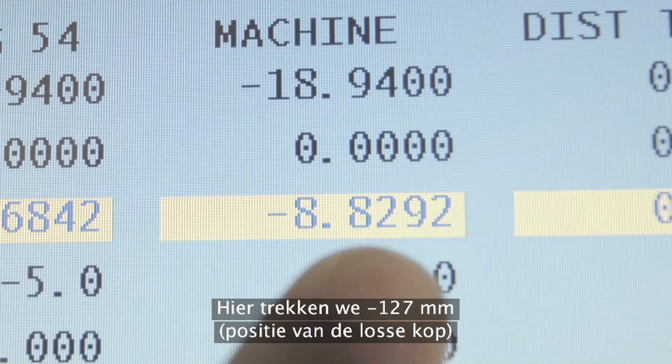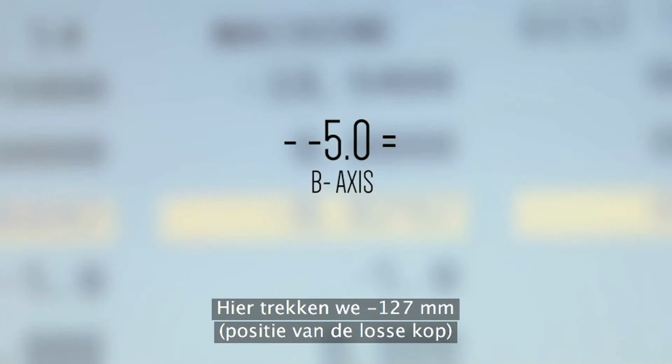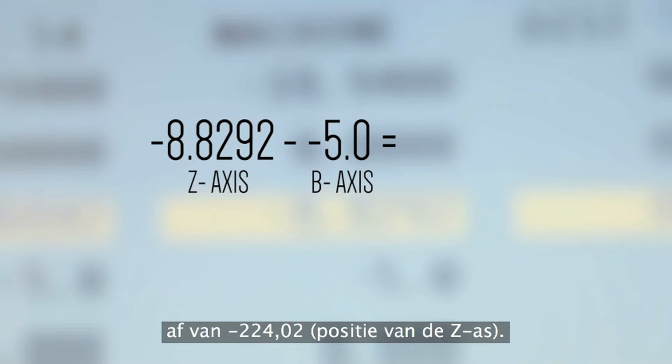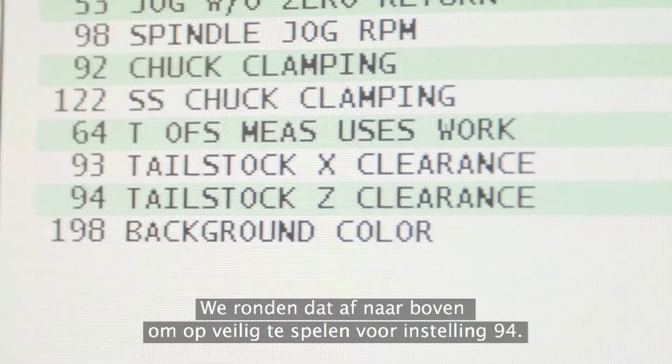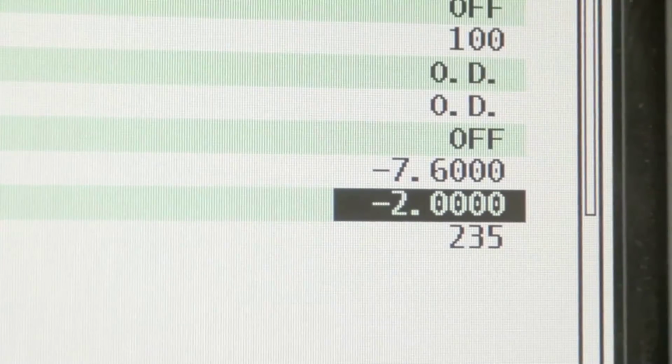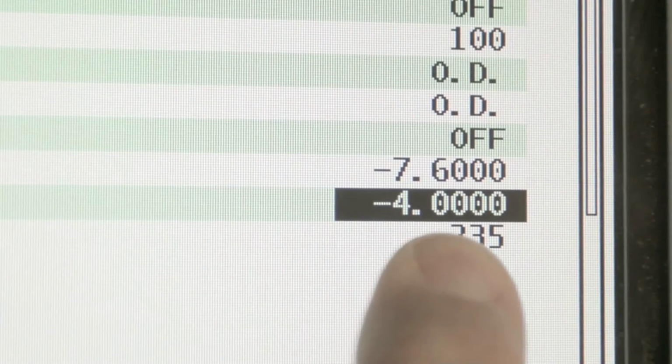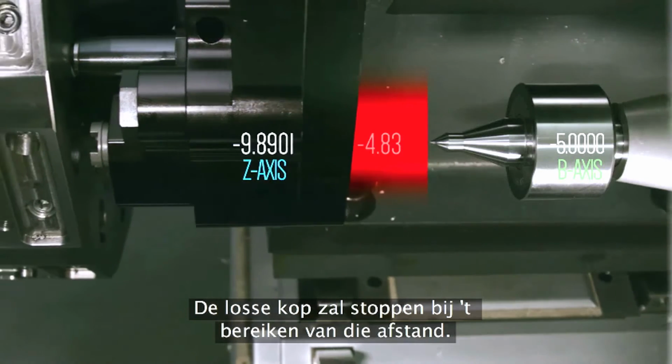In our case, we subtract -5.0, the position of the tailstock, from -8.82, the position of the z-axis. This gives us -3.82. So let's round that up to a slightly larger value, just to be safe, for setting 94, to halt the tailstock motion whenever it reaches this new distance.